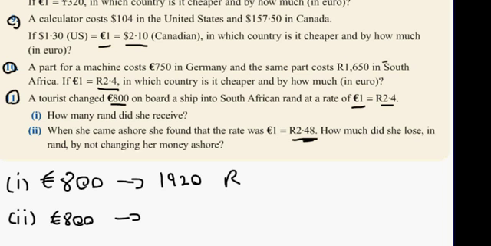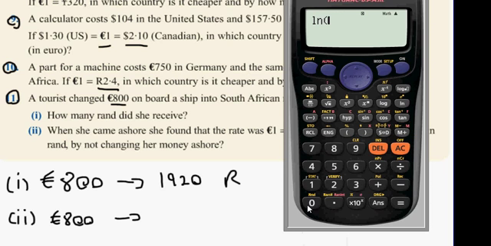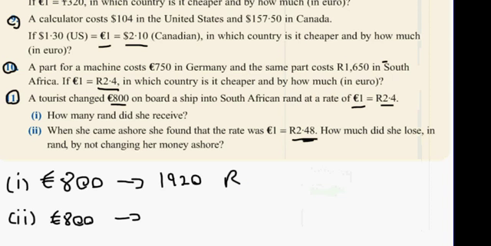What's it then when we multiply it out? 800 multiplied by 2.48 is 1,984. Now we only got 1,920. We could have got 1,984.